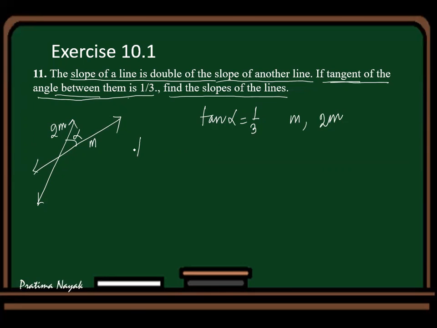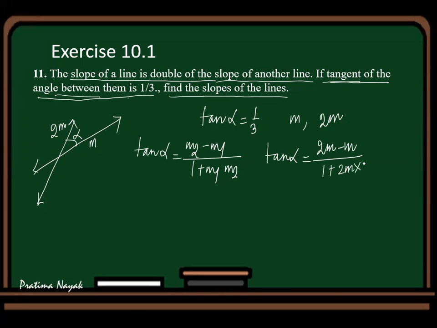So put in the formula, tan alpha is equal to how much? m2 minus m1 by 1 plus m1 into m2. So here m2 is equal to 2m minus m by 1 plus 2m into m. So this is equal to 1 by 3.